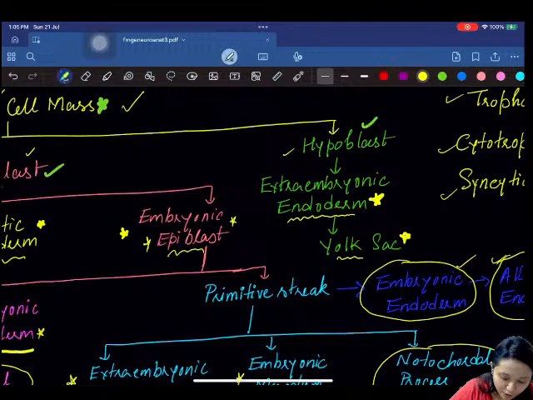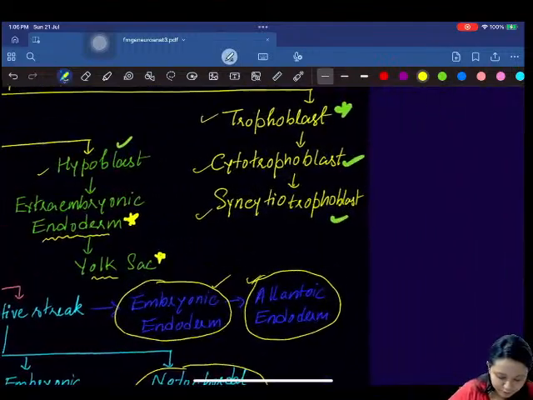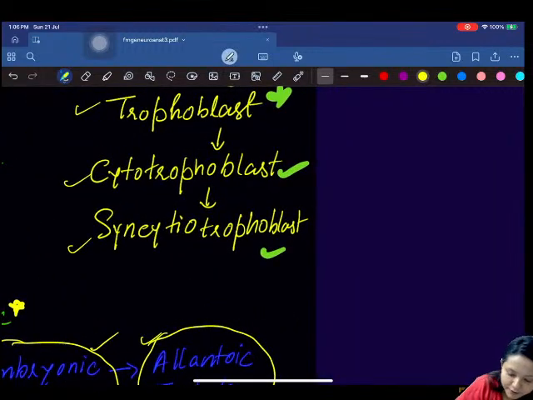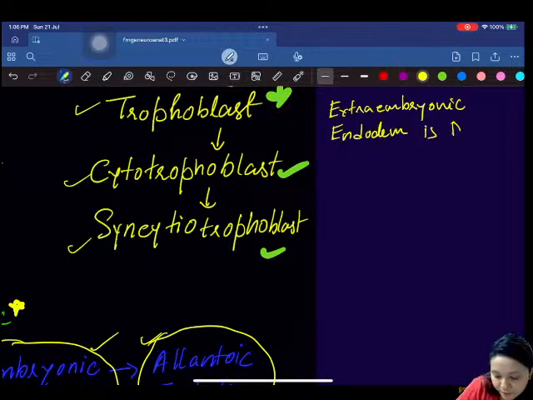Now a question might come on this: extra embryonic endoderm is derived from.